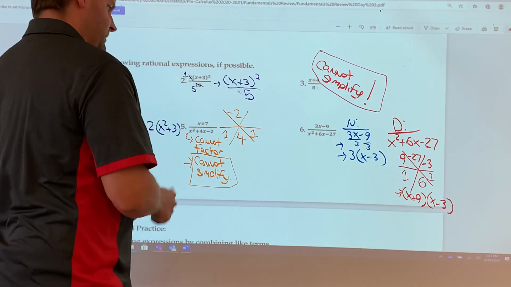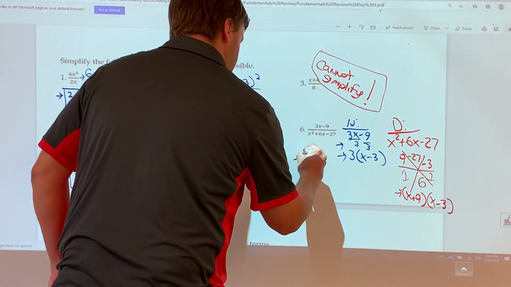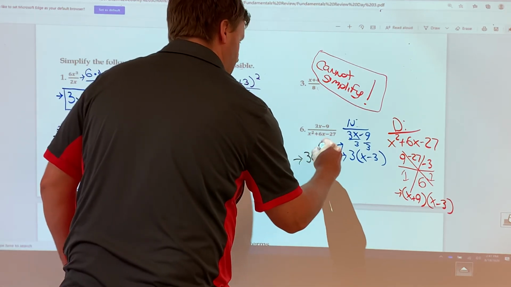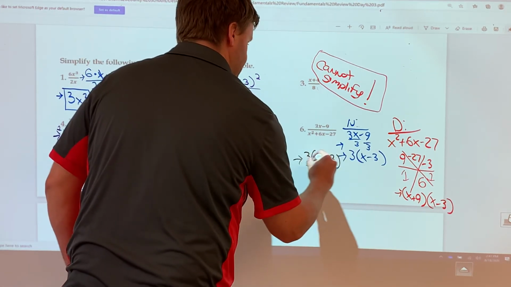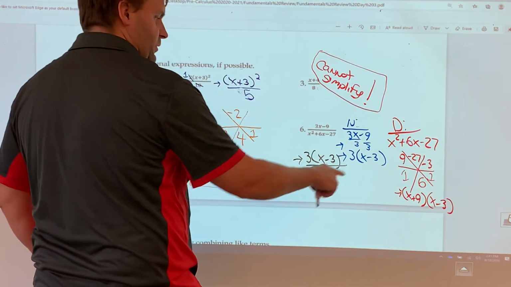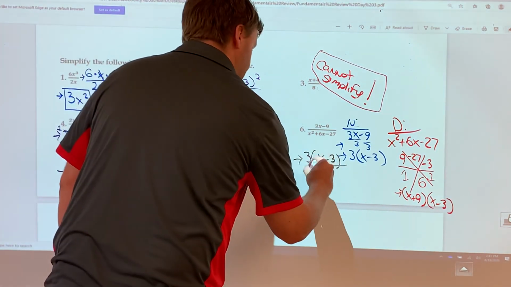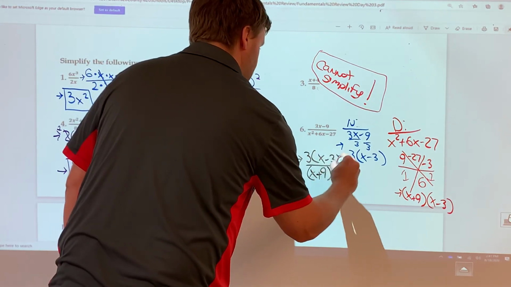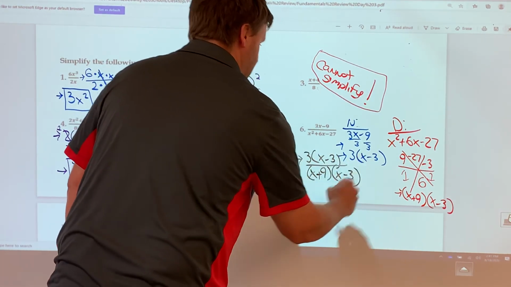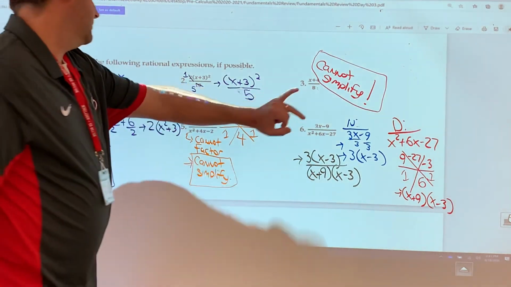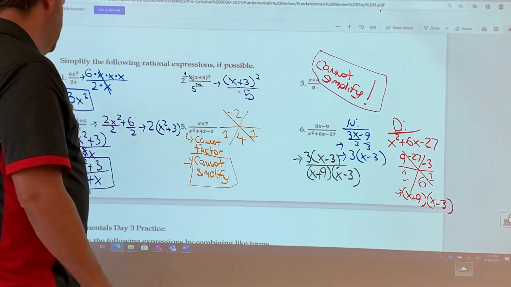All right, so let's bring it all back here and write out what we have. So let's write out our reduced numerator. In the numerator, we've got 3 times x minus 3, all over what we factored the denominator down to: x plus 9 times x minus 3. Now, before, what problem was it? Right here, x plus 3 or x plus 4.